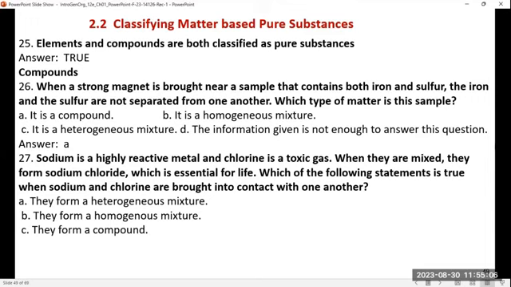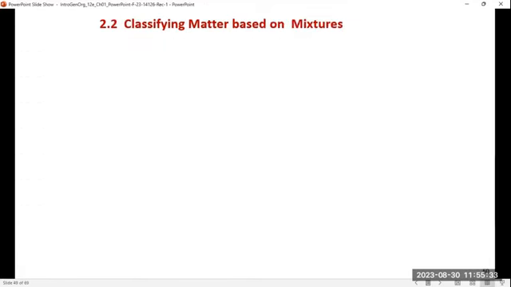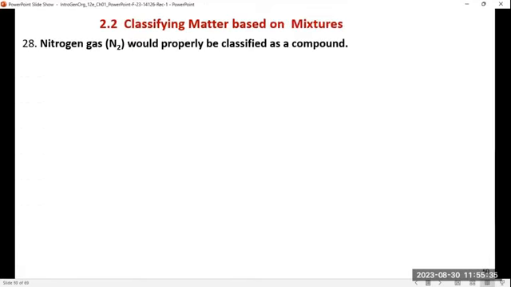So in this case, sodium and chlorine form a compound, not a heterogeneous mixture. Homogeneous is uniform distribution of atoms in the sample. Sodium and chlorine typically are reactive, so they form a compound. They may form a heterogeneous or homogeneous mixture only if unreactive.